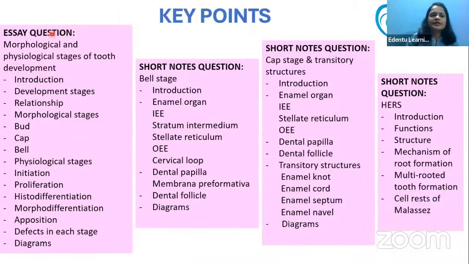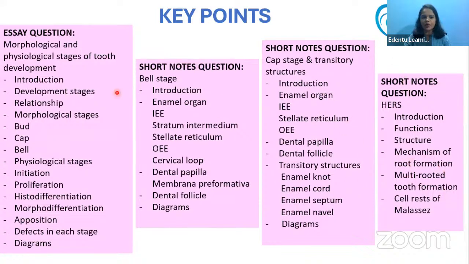If a question is asked on the morphological and physiological stages of tooth development, these are the key points that you should include. You can take a screenshot or write it down. These are the key points you should definitely include in your answer sheet.